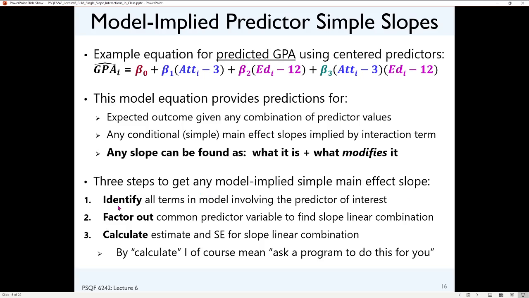The first is to identify all of the terms in the model that contain the slope of interest. We then factor out the variable the slope is for, and the linear combination that's left provides us with the ingredients for how to find that slope. We would then need to ask the software to calculate what the slope would be for the particular value of the moderator, as well as provide a standard error for that linear combination.